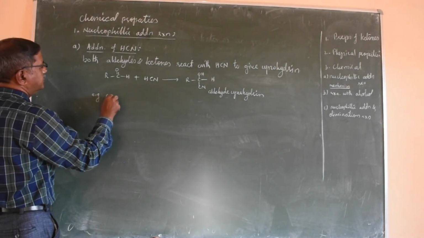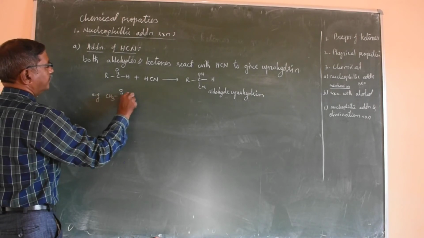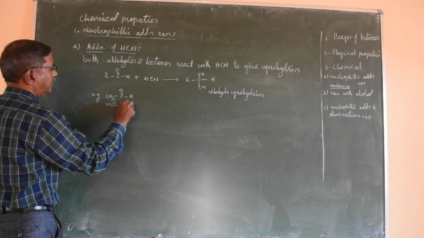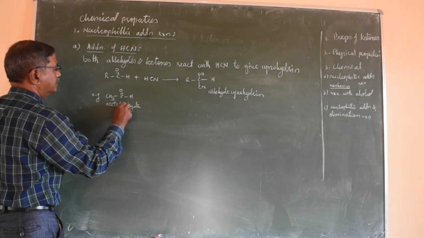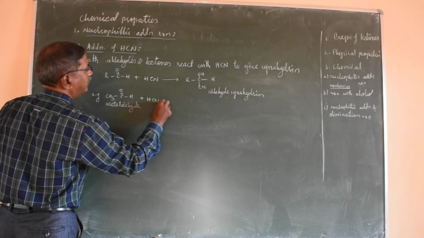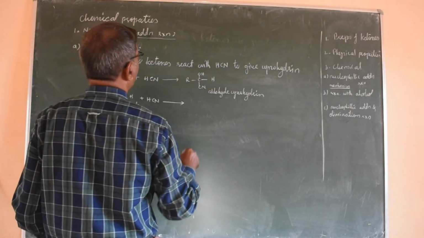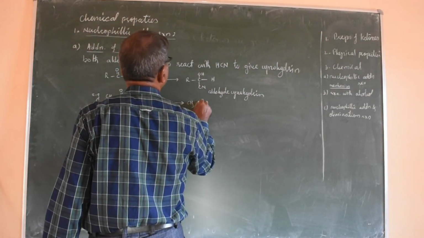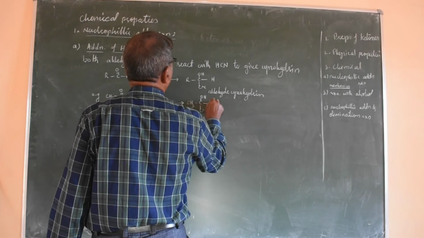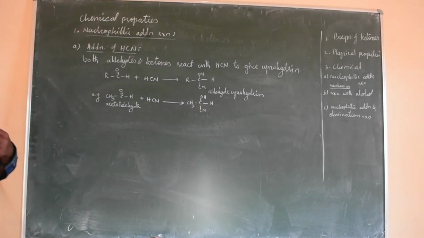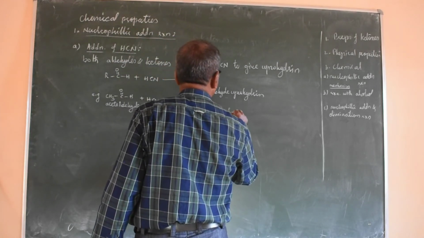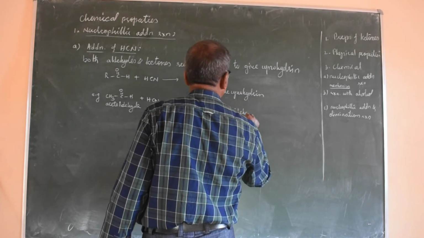Example: CH3 C double bond O H, which is called ethanal or acetaldehyde, plus HCN. The product is CH3 C, then we have OH, CN and H. So it is acetaldehyde cyanohydrin.